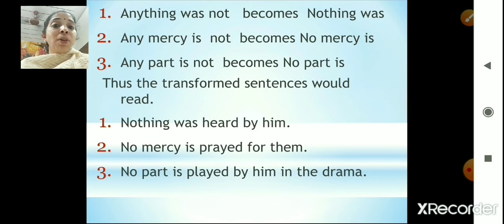Okay, so now let's see the correct transformed sentences. And how have we obtained these correct sentences? Here we are using no. We are not using not. Alright, so let's read the correct sentences.